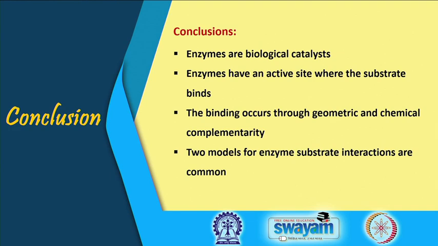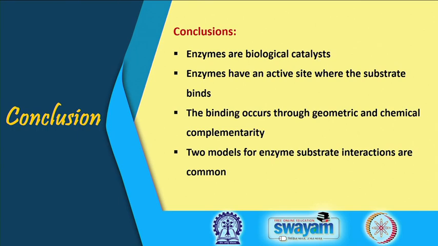We learnt of the different types of amino acid residues, and some of these will line the active site. We will see that a large number of histidines are present, and this is because the pKa value of histidine, as I mentioned earlier in one of the classes, is in such a range that it matches the physiological pH. Binding to the active site occurs through complementarity.